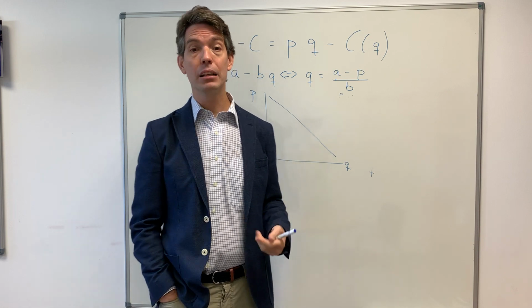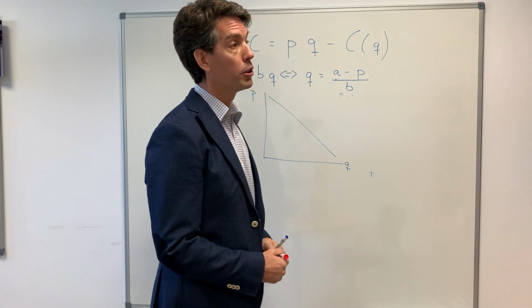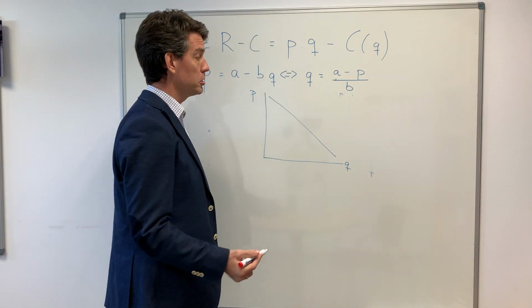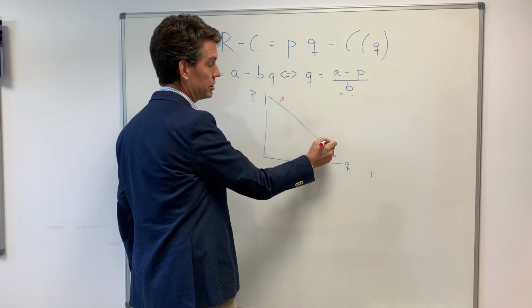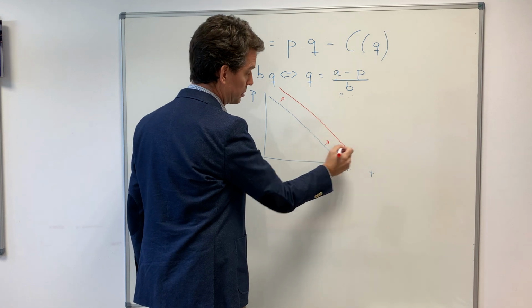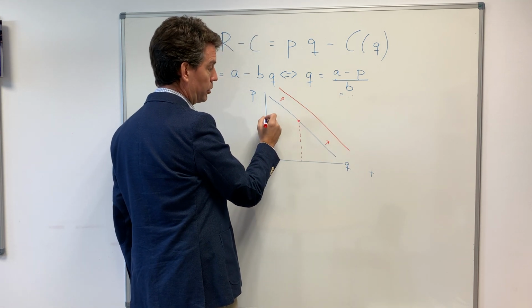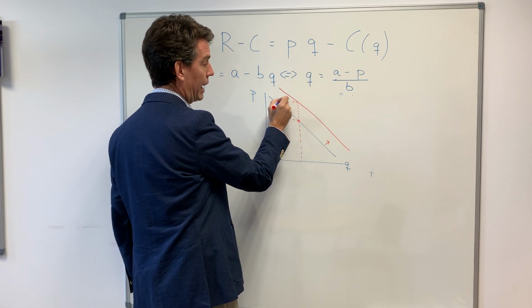So basically what we're saying is that this demand function may change if your competitors sell a substitute product at a higher price. In that case, your demand function is going to shift upwards, because for this quantity that before consumers were willing to pay this price, now they will be willing to pay a higher price.